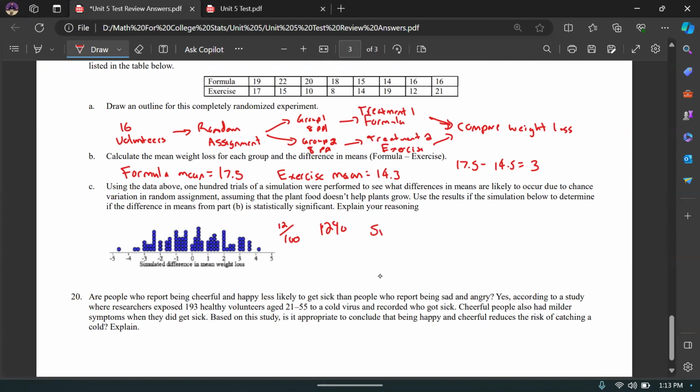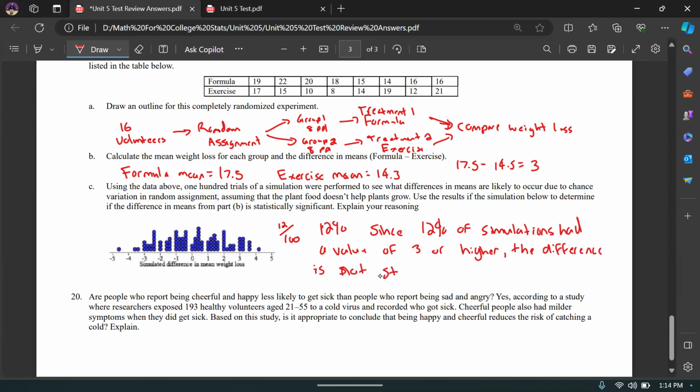So since 12% of simulations had a value of 3 or higher, the difference is not statistically significant. Because remember, it has to be 5% or less to be statistically significant.